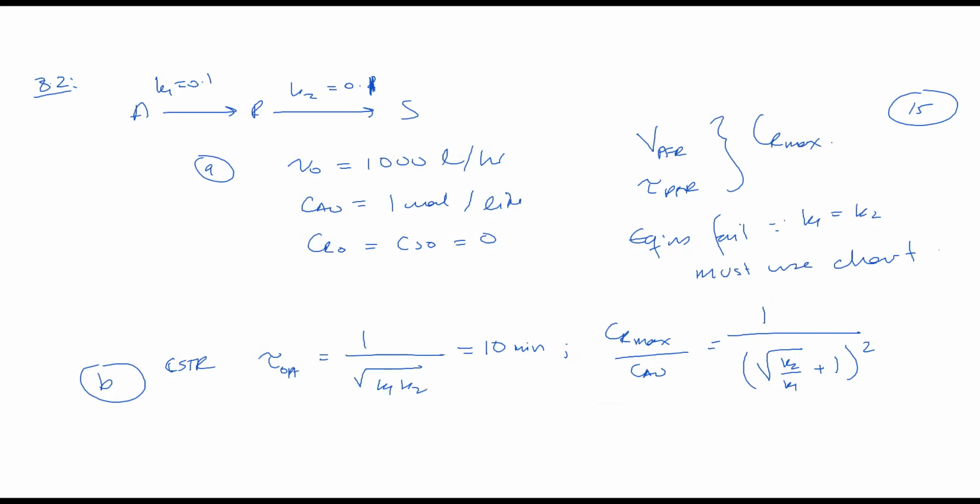K2 over K1 is 1, 1 to the half is 1, plus 1, so it's 1 over 2 squared. 2 squared is 4, 1 over 4, so CR max is equal to 0.25 moles per meter cubed.